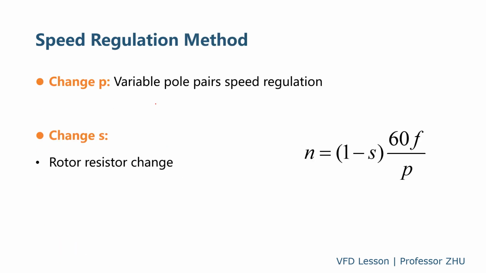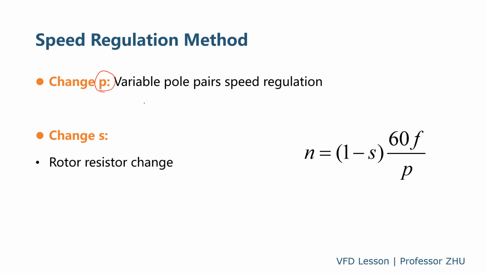So we have different ways to change the motor speed. One is to change the number of poles, but if you change the poles, you need to have more than one set of stator windings in the motor. And also, when you change the poles, the speed will change in steps and not continuously.